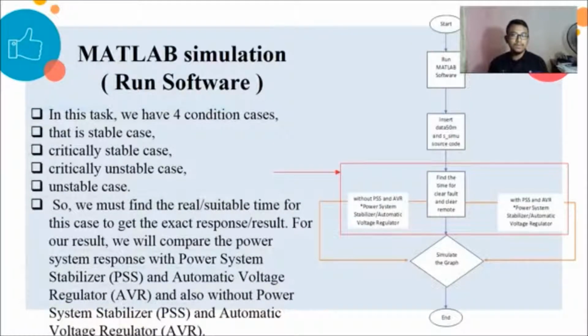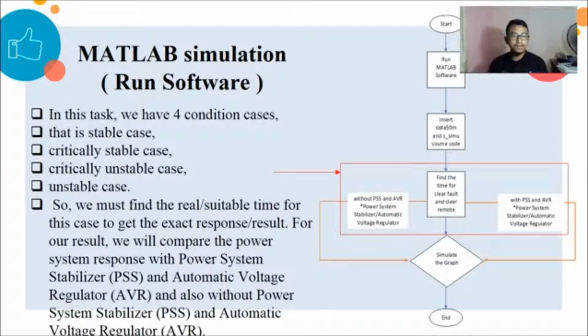Okay, after we insert the data, we will run the software. From that, we will find the time for clear fault and clear remote. For this task, we have four condition cases, which are stable case, critically stable case, critically unstable case, and unstable case. So from these cases, we must find the suitable time for each case to get the exact response result.